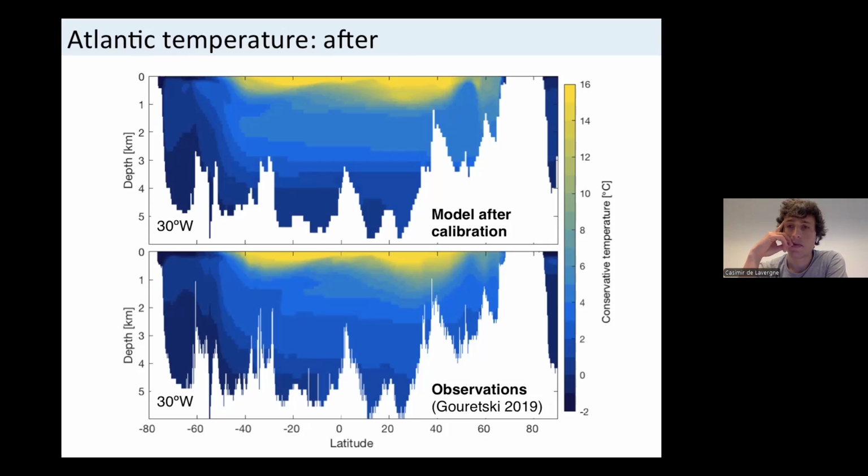I can't say exactly what works, because this is an old way of tuning. I just run for a few years, I see whether I'm diverging away from the observations or not, and I make my choices informed by my understanding of the physics and by comparison with hydrography and observations.